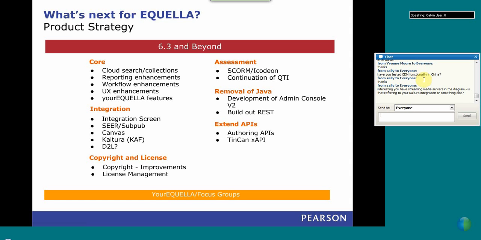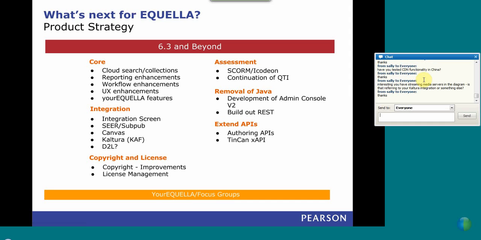Another focus area is copyright and licensing. We have a lot of CAL functionality requirements in Australia in particular, but we have a lot of license management type of work that we can do to upgrade our system as well.